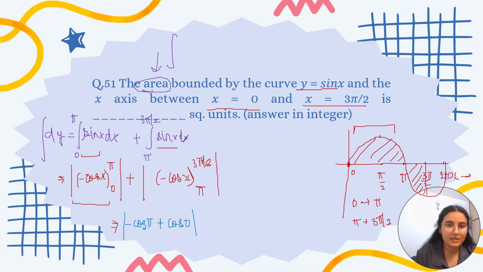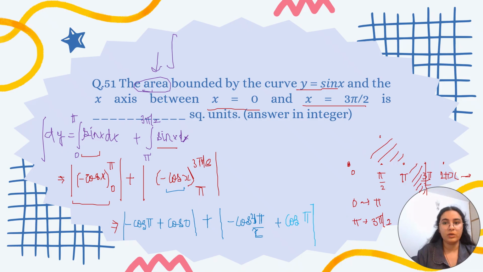This we will calculate separately, plus then this one will be minus cos 3 pi by 2, and then again upper limit minus lower limit, cos pi. Okay, so I'll just erase it and do it here.